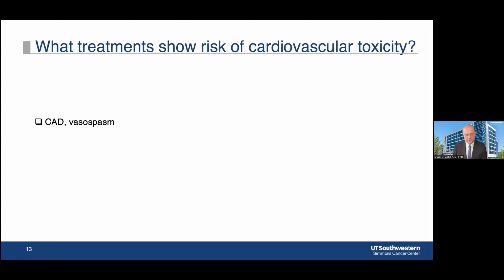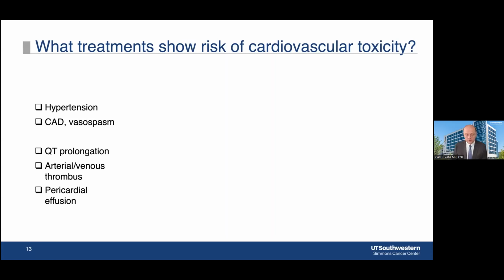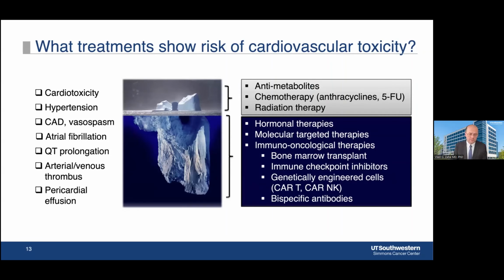So coronary artery disease or vasospasm, when the blood vessels are tightening up, electrical changes such as QT prolongation, hypertension, which is quite prevalent in the population, arterial and venous thrombus can be caused by cancer treatments, pericardial effusion or fluid around the heart. Atrial fibrillation is also a common manifestation. And one of the most recognized is cardiotoxicity, where the heart muscle is suffering due to the cancer treatments.